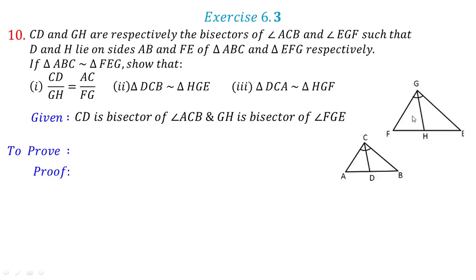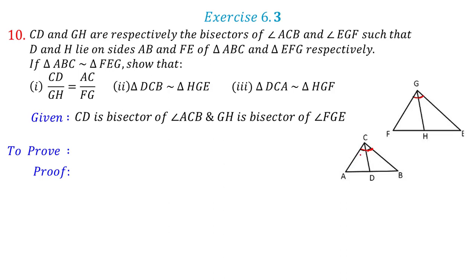For that I have to show that these two triangles are similar. As these two big triangles are similar, the total angle C and the total angle G are equal. Suppose this angle is 2x.